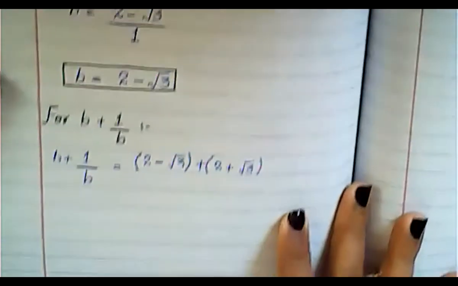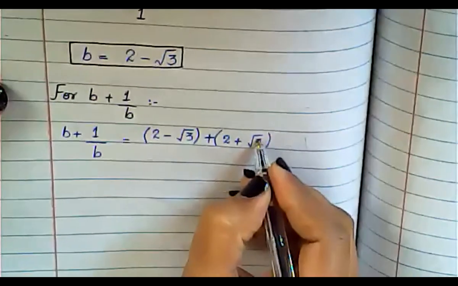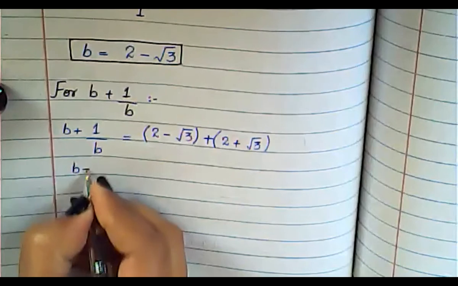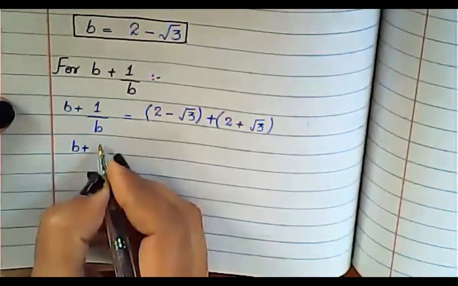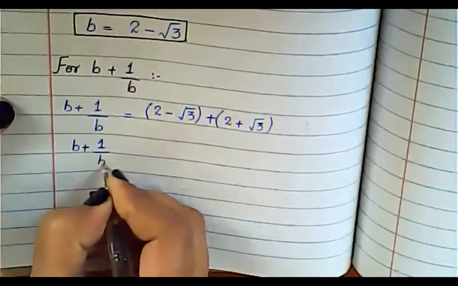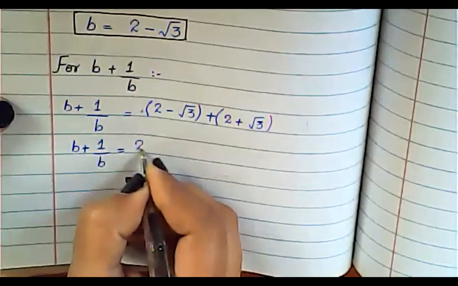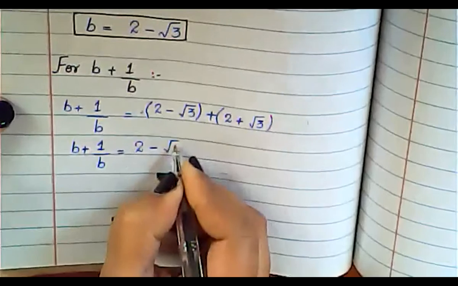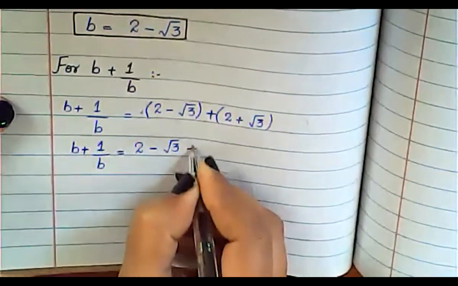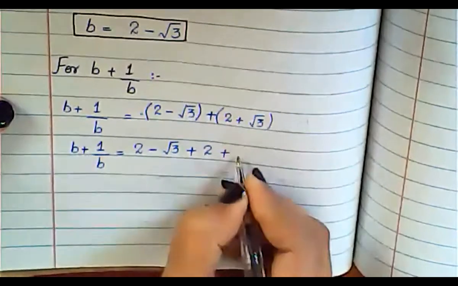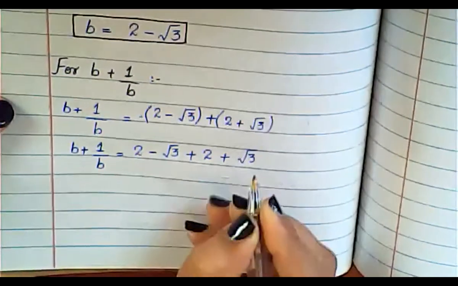Now simply, you will open the brackets here. You will write b plus 1 upon b is equal to, opening the bracket without changing the sign, 2 minus under root 3. Then this sign of addition, then 2, then plus under root 3.